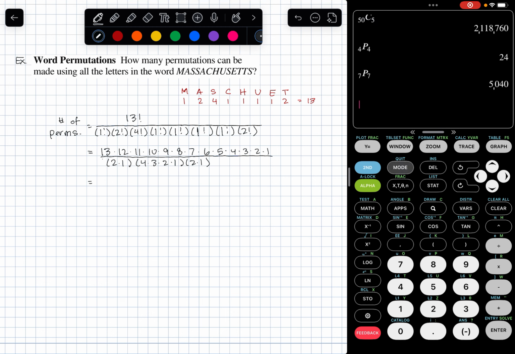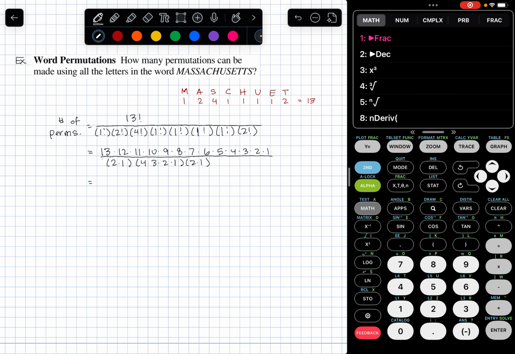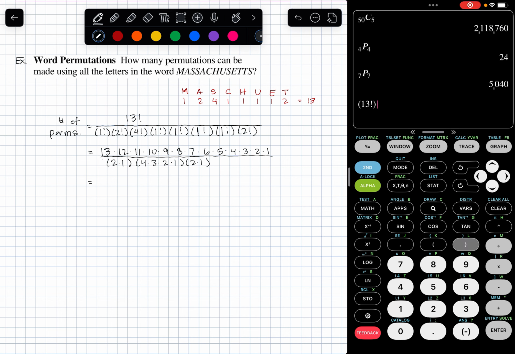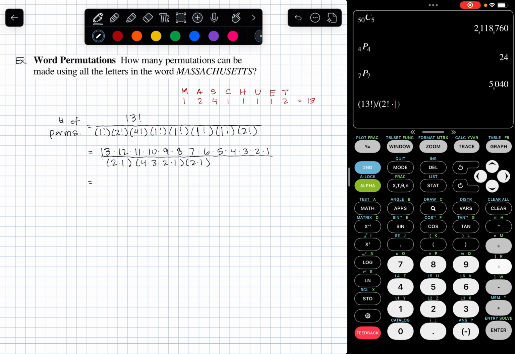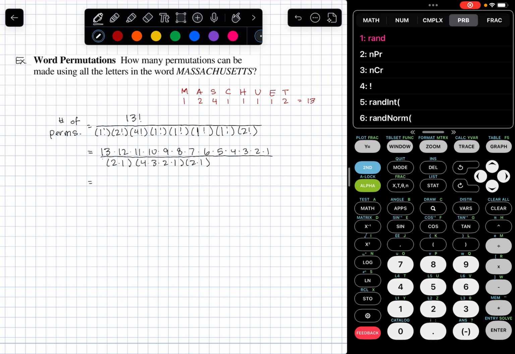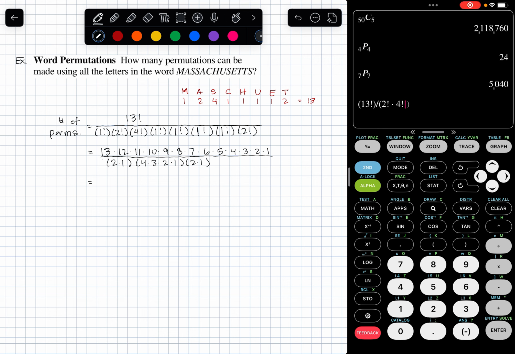So I'm going to go back to the home screen and I'm going to start setting up my fraction. In the numerator, I want 13 factorial. And then in the denominator, I want 2 factorial times 4 factorial times 2 factorial.